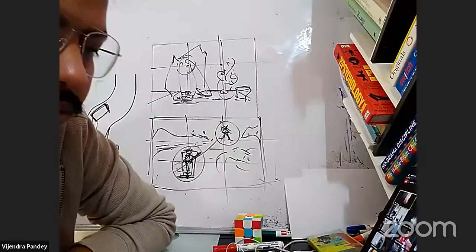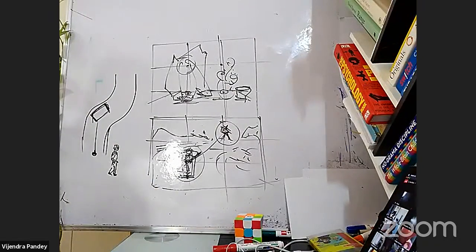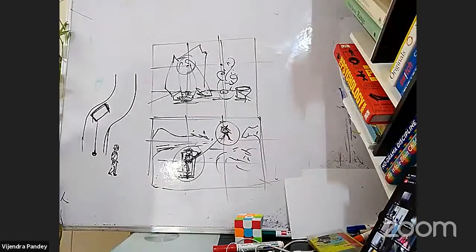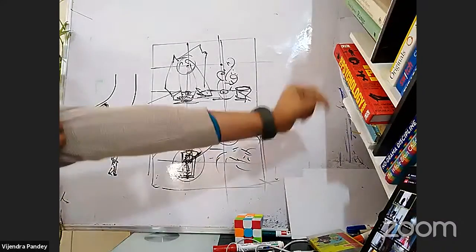So can you tell again? In the given space, cover everything. Draw crowded area in perspective, like a lot of people not standing in a straight line. Okay, we'll talk about that also.